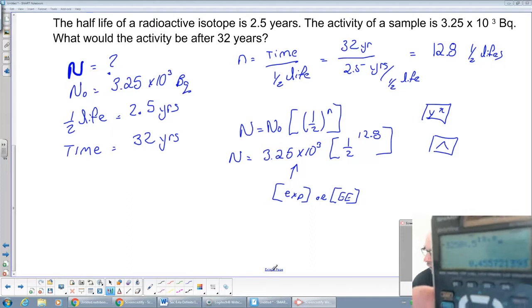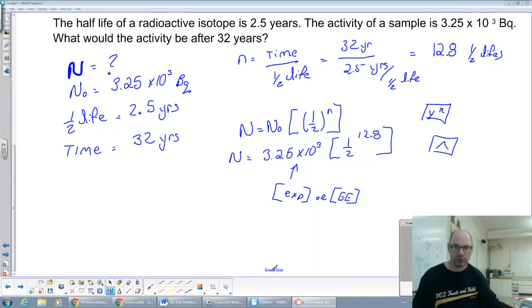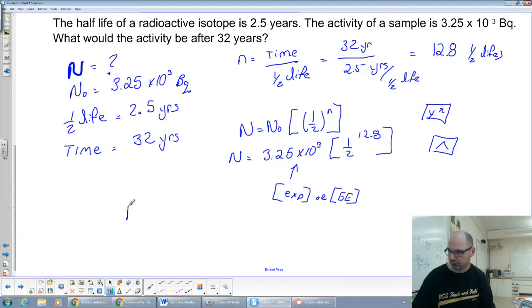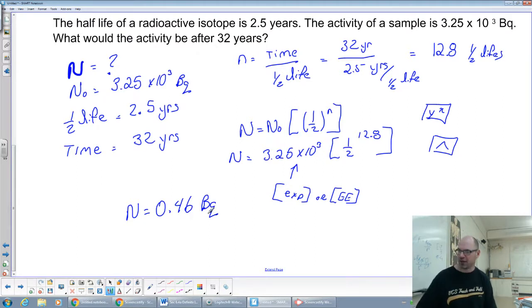So if we rounded that off, n is equal to 0.46 becquerels. So it's not even doing one becquerel, it's doing one every 2 seconds or so radioactive. That would be our result.